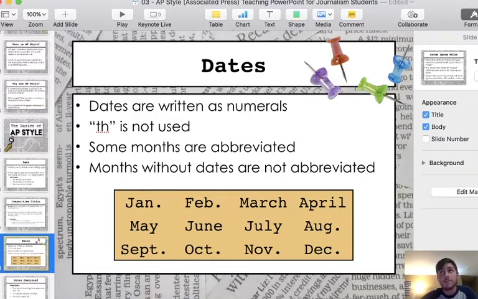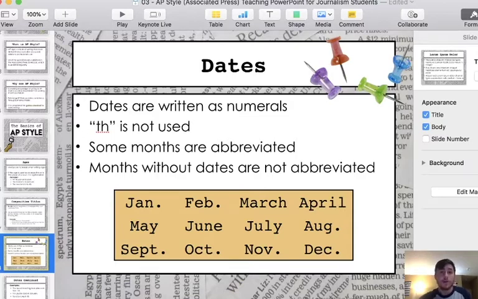So if I were to say April 20th, when you're writing it you just write April 20 and a period, okay? And then if I were to say November 20th, I would just abbreviate November and I would say 20 with the period. Does that make sense?